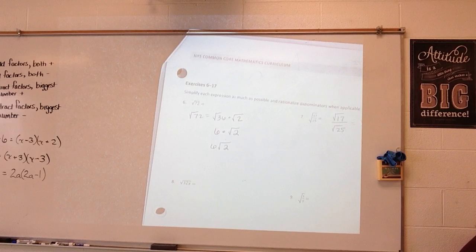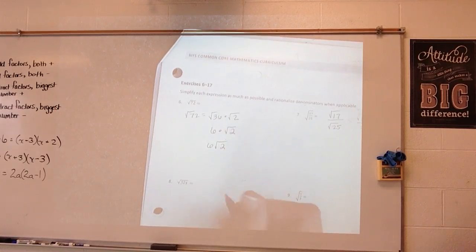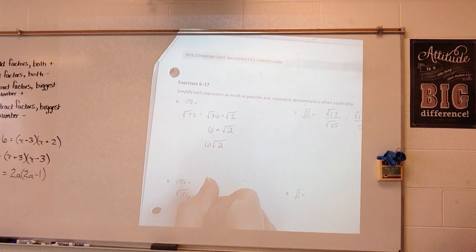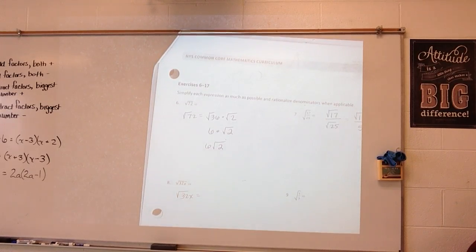Alright, square root of 32x. Let's look at that. 32 is not a perfect square, so I'm going to see if I can break that up. I want to see if I can come up with a perfect square. So 4 can go into 32, but let's see if I can find something bigger. 9 won't go into it. 16 will go into it. 16 times 2 is 32.